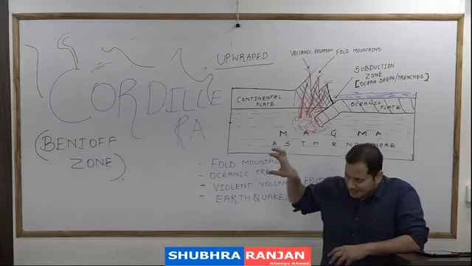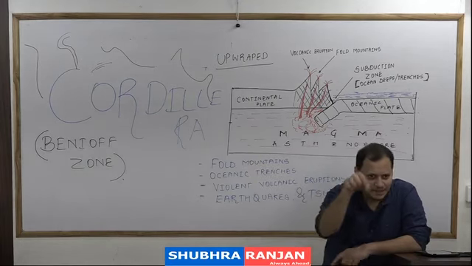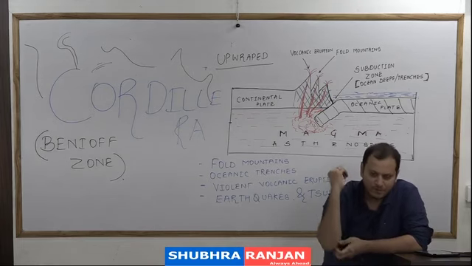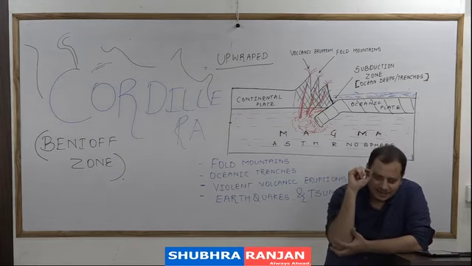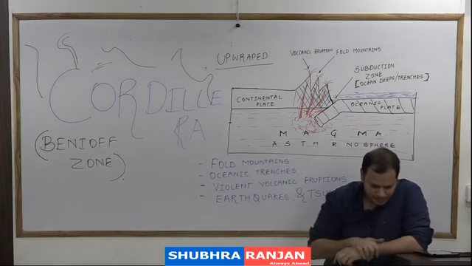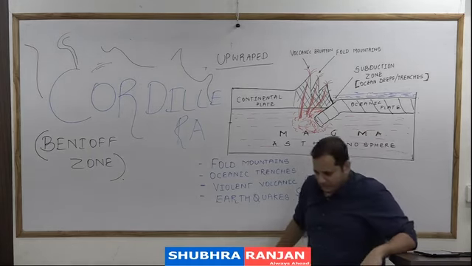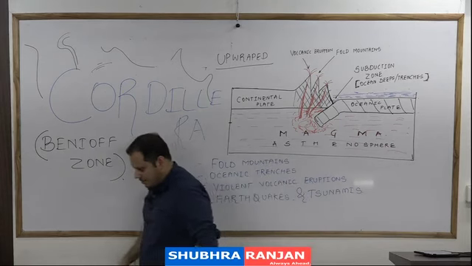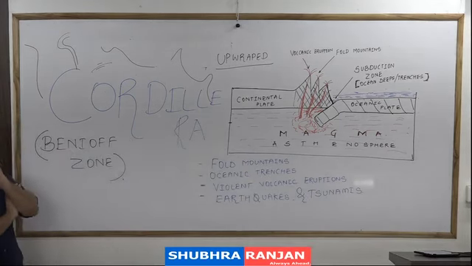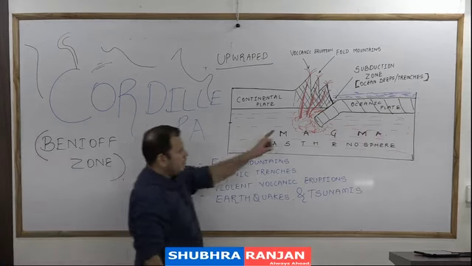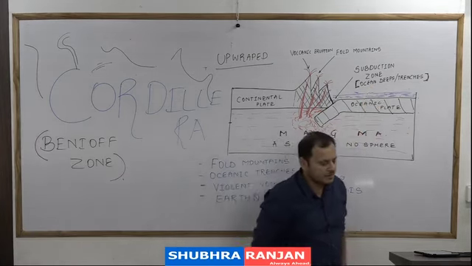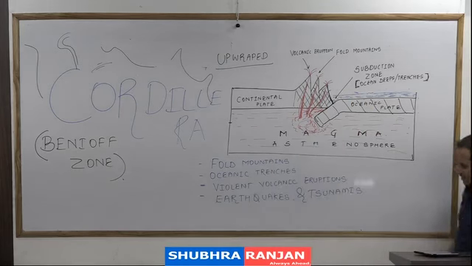Because it was Benioff who discovered the zone of subduction, hence the name Benioff zone. The zone of subduction, the Benioff zone, has the deepest points on the earth, known as trenches. You already know the other name for trenches? Ocean deeps are known as trenches.